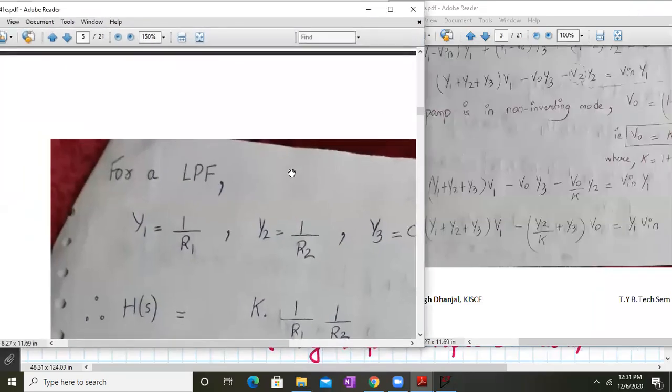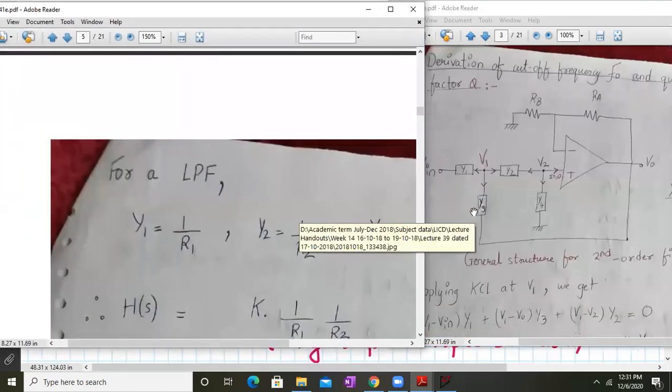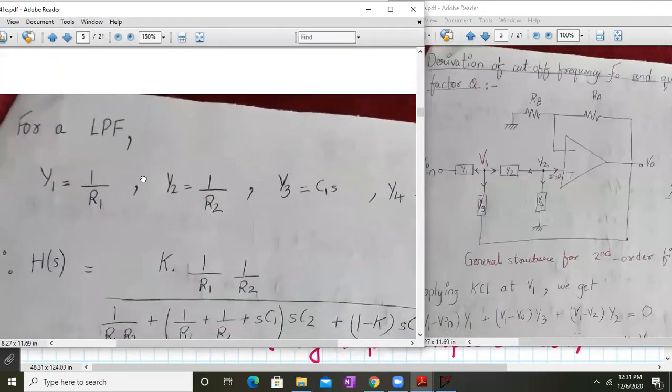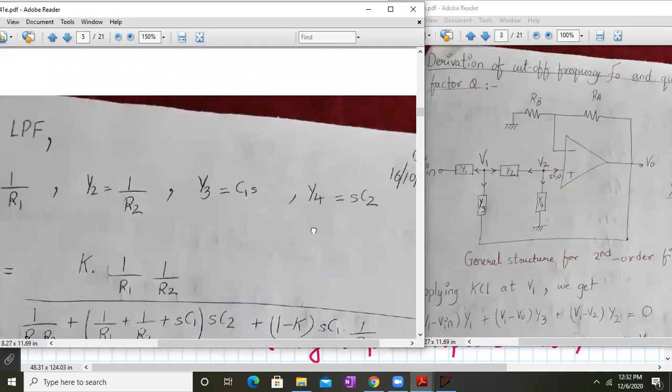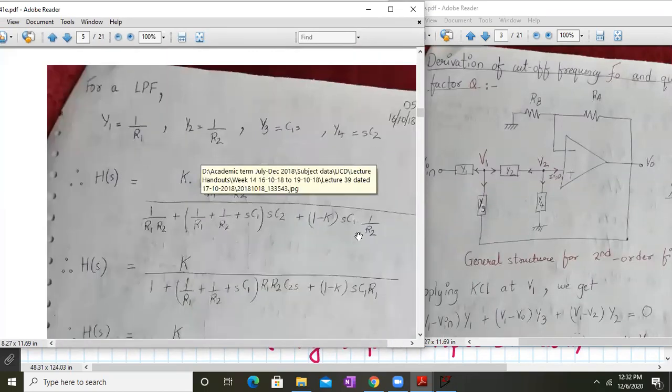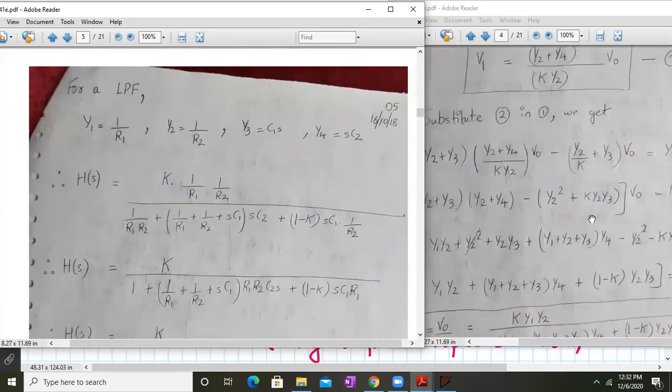Now let us go back over here. For a low pass filter, these are admittances, right? So Y1 is 1 upon R1, Y2 is 1 upon R2, Y3 is C1 into s, and Y4 is C2 into s. So we substitute all the values in the general form.